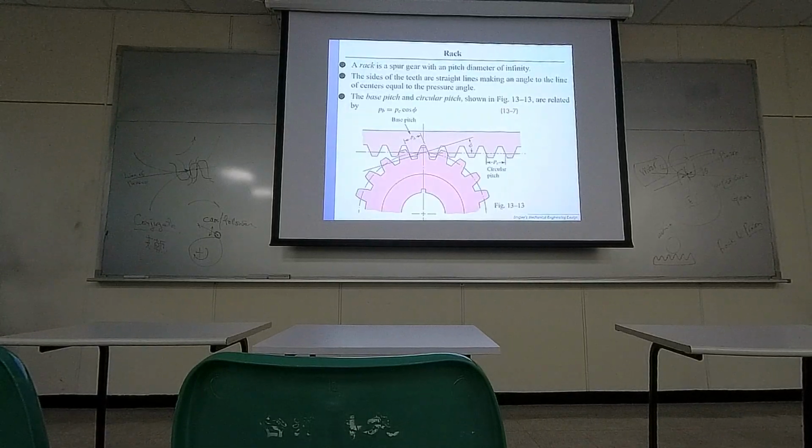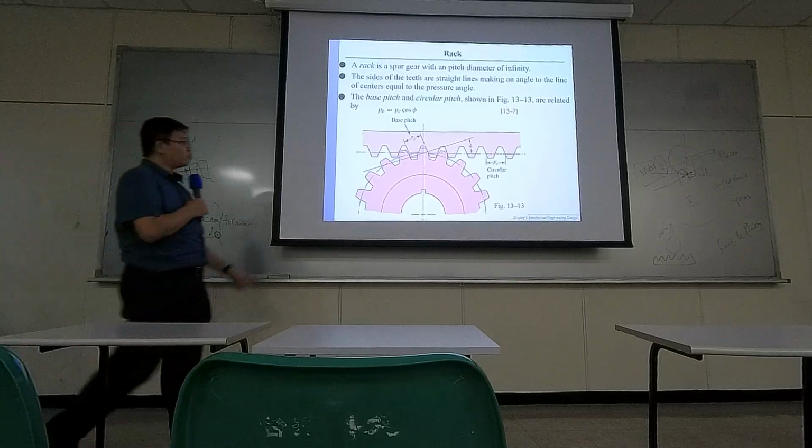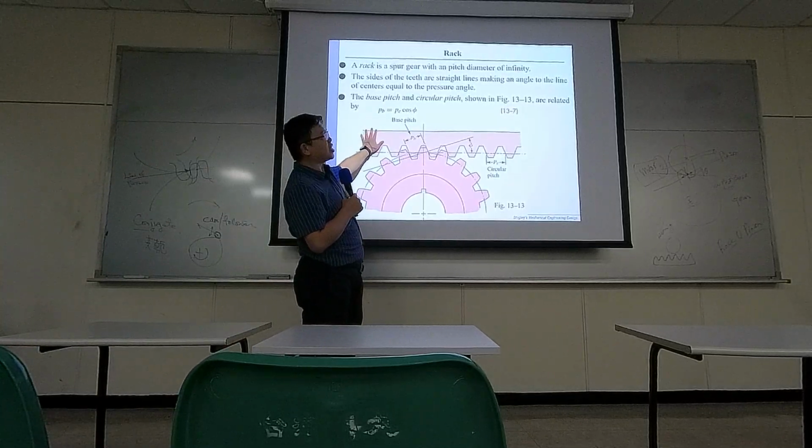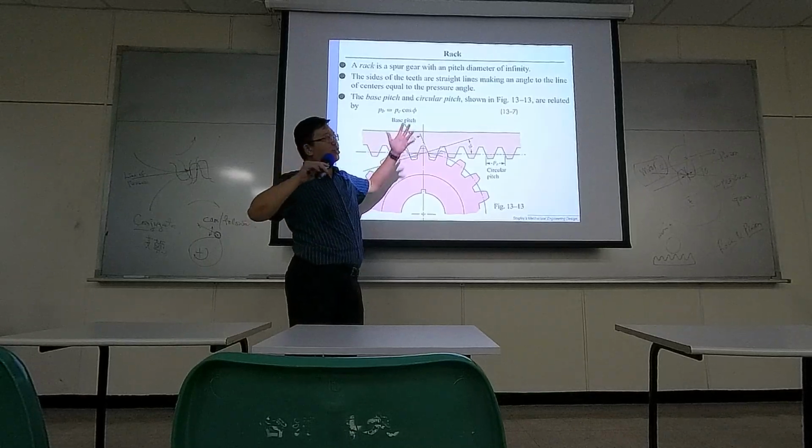Now, let's talk about rack and pinion, like I said. Earlier, we mentioned gear and pinion. Now we talk about rack and pinion. So for the rack, just treat it as a super large gear.